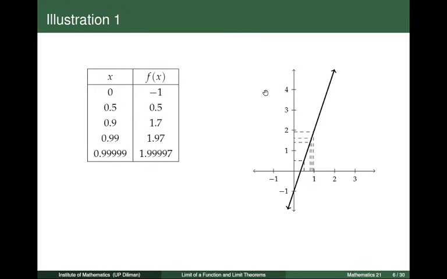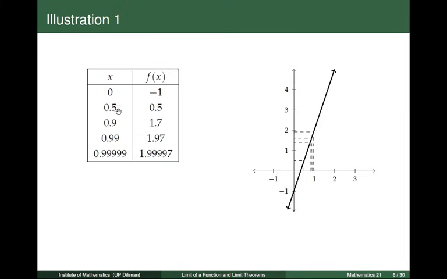Now let us look at this phenomenon by looking at the graph of the function f. f is linear, so it is represented by a line, this line here. So when x is equal to 0, we have negative 1. When x is equal to 0.5, we have also 0.5 as our y value.